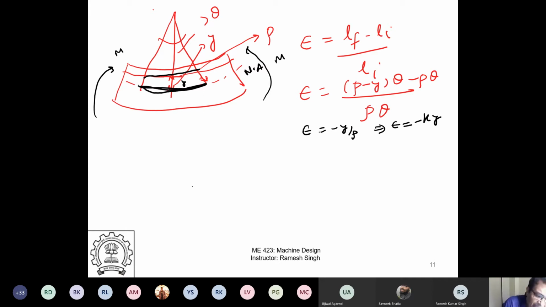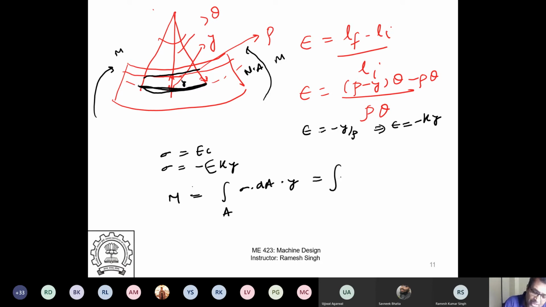Now if I have to find sigma equal to E epsilon, sigma will be equal to minus E k y. K is curvature, kappa. Minus E k y is basically the stresses. Now my bending moment will be, if I do the integral of sigma y dA over the area, that should give me the bending moment.